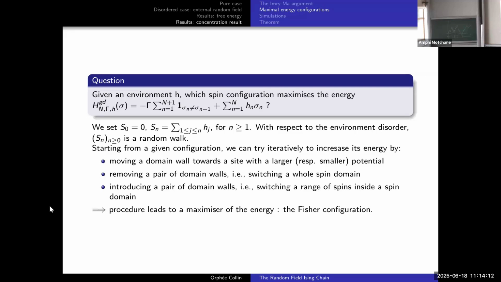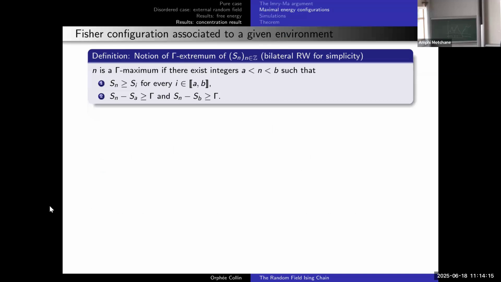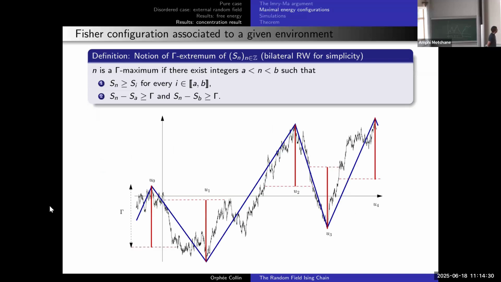We call it the Fisher configuration, because Fisher described it in his work. Fisher and Le Doussal obtained it using renormalization group fixed points. So here is an illustration. I use a bilateral random walk for simplicity, so that there is no question of what happens at 0, but you can adapt the definition. So these are your maxima, minima, and they are defined here.